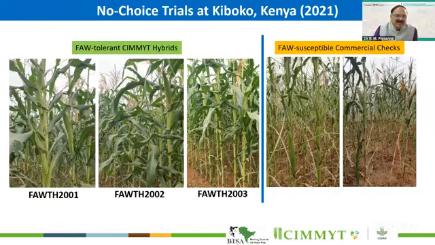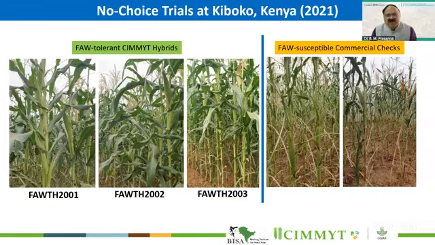The second most important thing to do is, once you have a highly promising hybrid that is identified through choice trials, where hundreds of entries are grown within the screen house, you have to also set up a no choice trial.